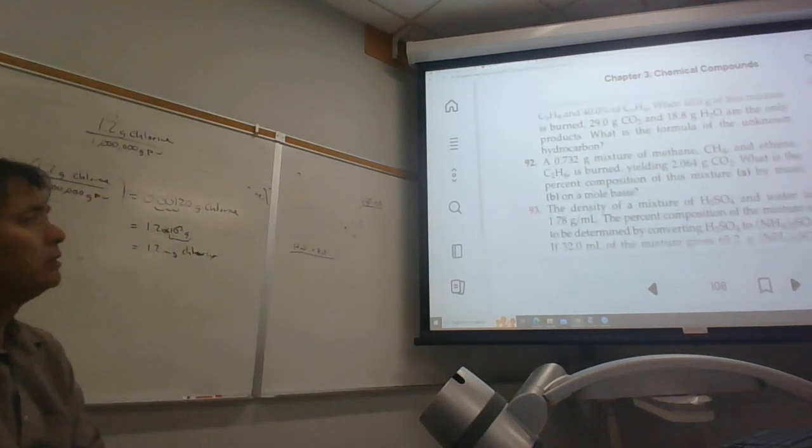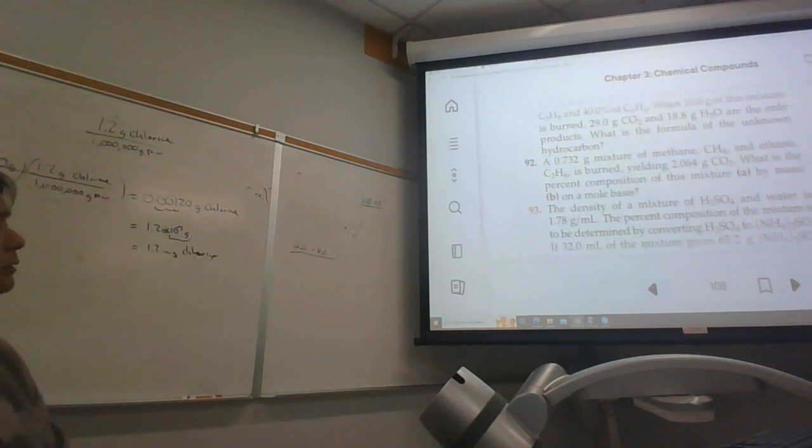Okay, so what did you do for 92? I assumed 100%, well, first I did methane. Okay, so you assumed 100% methane. Mm-hmm. And then I did the same for ethane. How many grams of CO2 did you get if it were 100% methane? 2.0071.